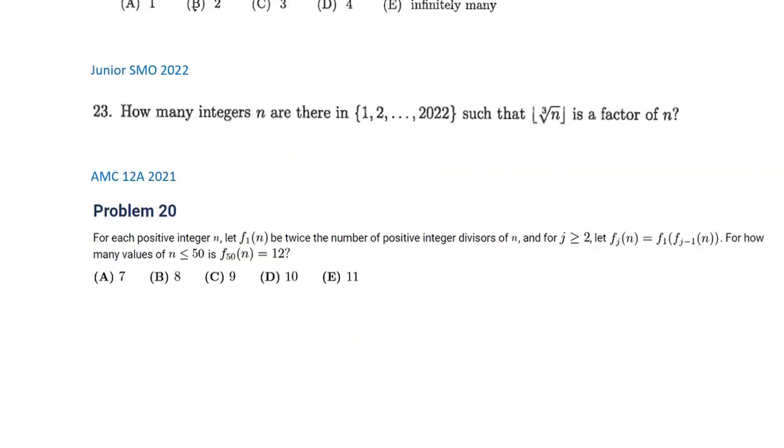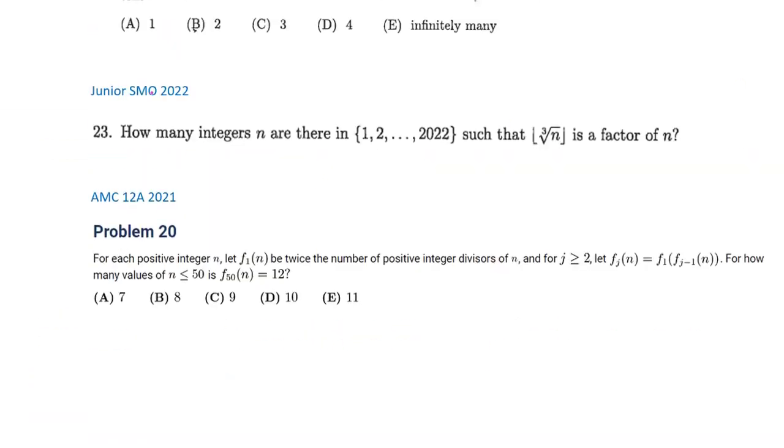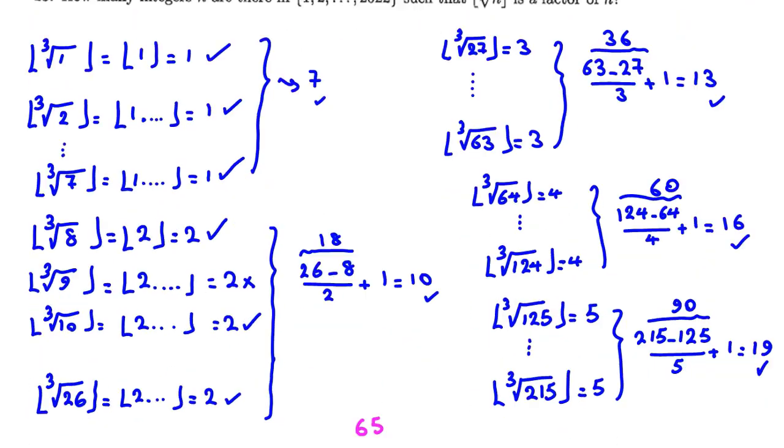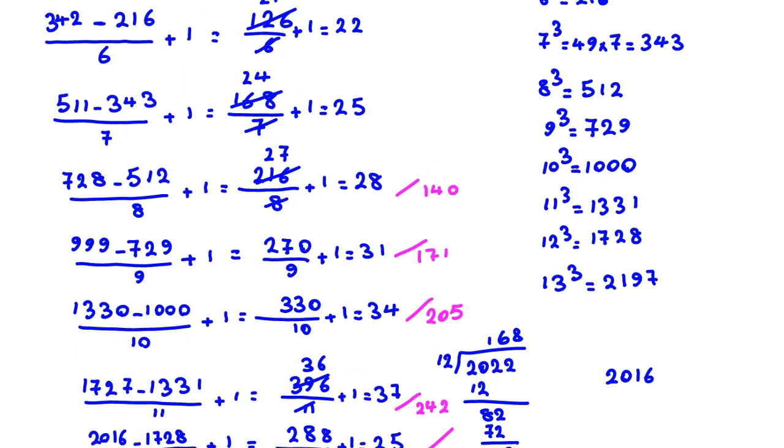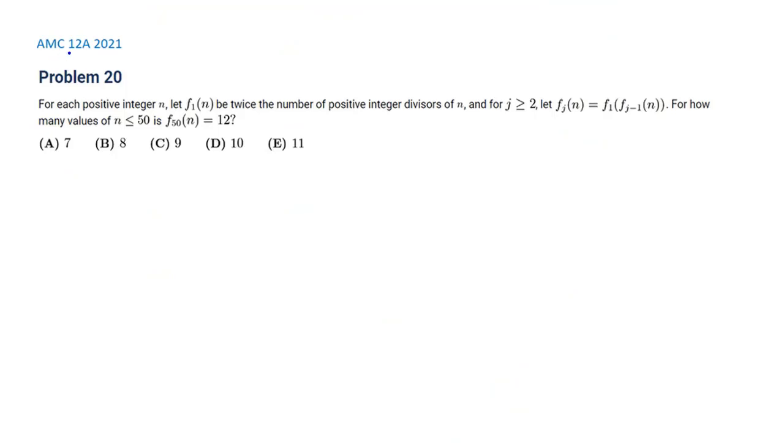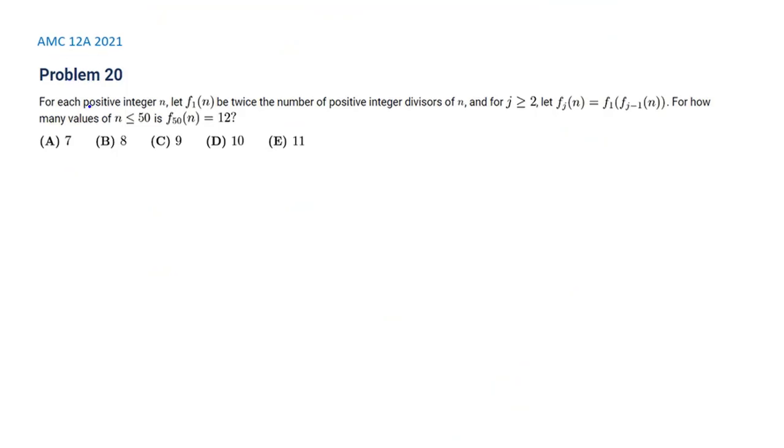Now, one problem is left for this part. And let's solve this problem. Okay, AMC 12A 2021, problem 20. For each positive integer n, let f1 of n be twice the number of positive integer divisors of n, and for j greater than or equal to 2, fj of n equals f1 of f(j-1) of n.